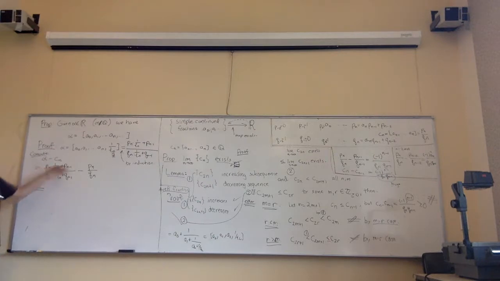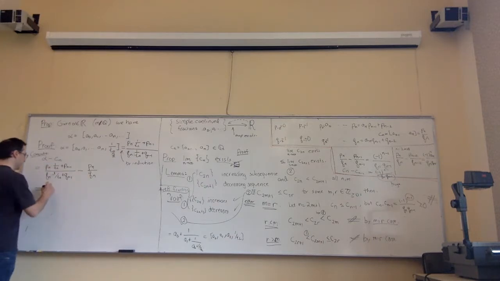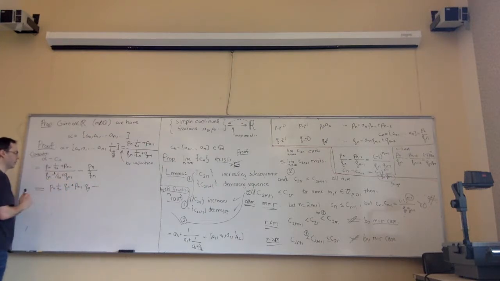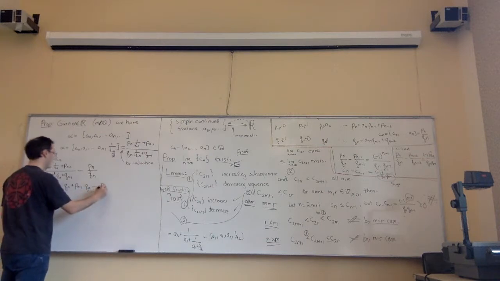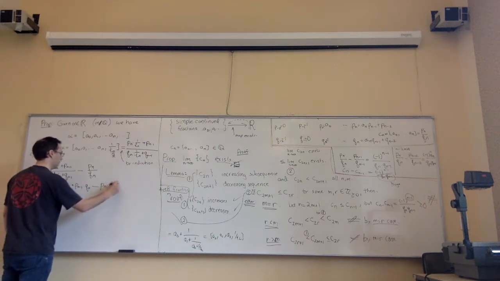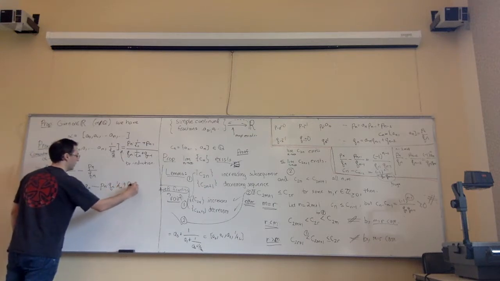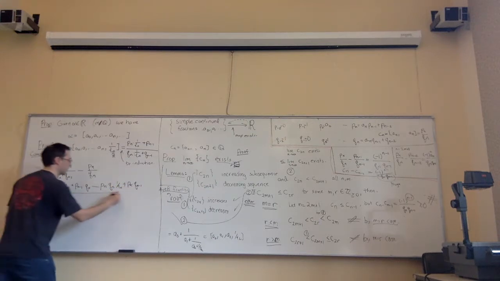Okay, so do the arithmetic. I'm just going to subtract fractions, so numerator times denominator minus denominator times numerator. So Pn times 1 over Tn times Qn plus Pn minus 1 times Qn, minus the other one, Pn Qn times 1 over Tn plus Pn Qn minus 1, divided by the product.